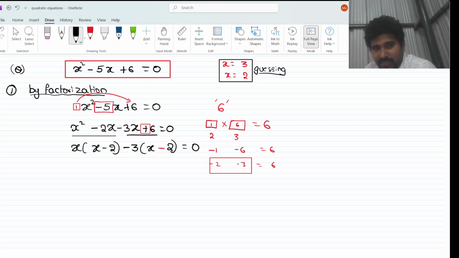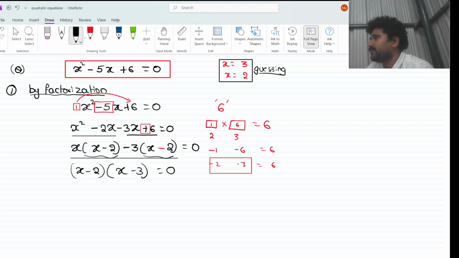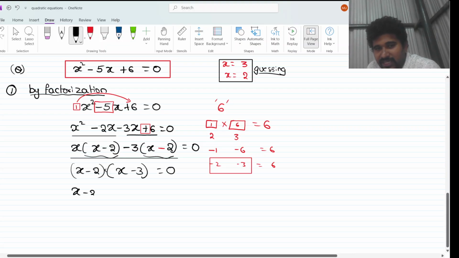Now in brackets both are looking the same, so take that out as common. X minus 2 into x minus 3 equal to 0. When two terms getting multiplied become 0, you can write each individually as 0.